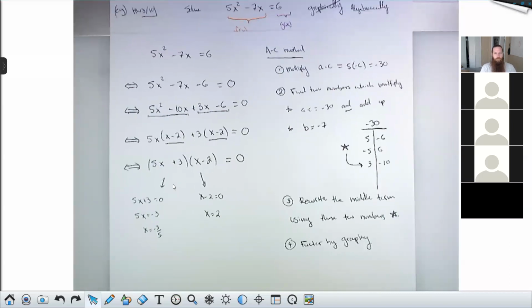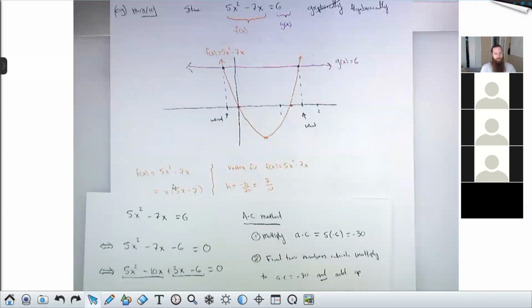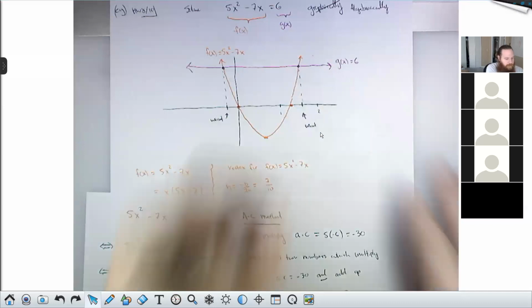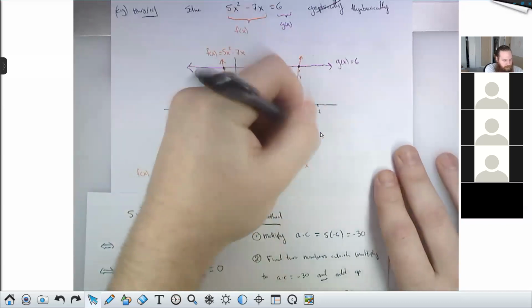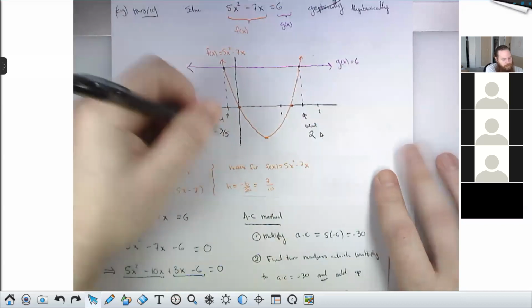Yeah, I have a question. Yeah, Brooke, what's up? So when you solve graphically, is the answer where the parabola intercepted, those 2 points? So the x values here would be the answers. And what we learned is that this x value is actually 2, and this one was -3/5.